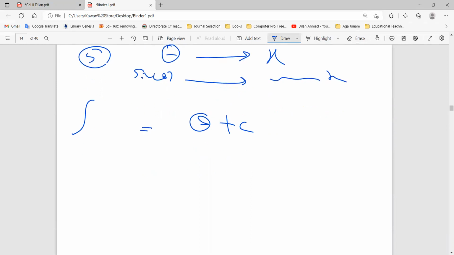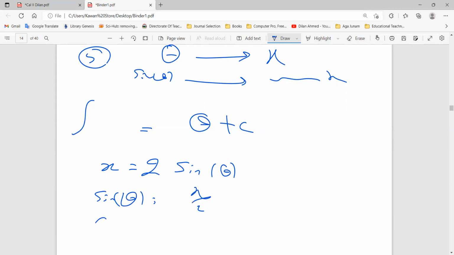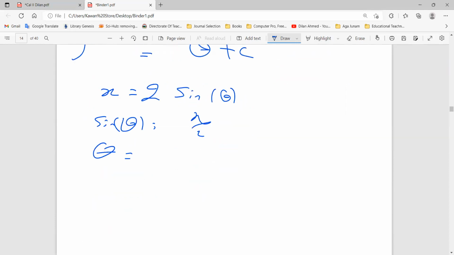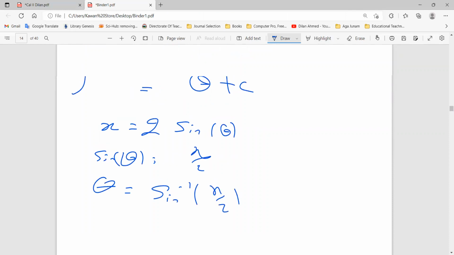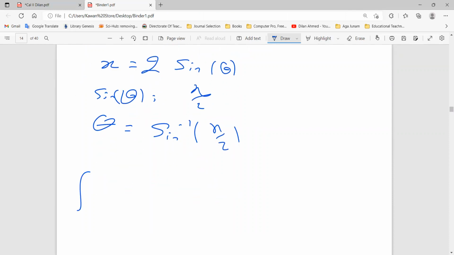From the first step or from the triangle. The first step was x is equal to 2 sine theta, right? So sine theta is equal to x over 2, so theta is equal to what? Understood. So my answer of the integral will be sine inverse of x over 2 plus c. Understood? Yes.